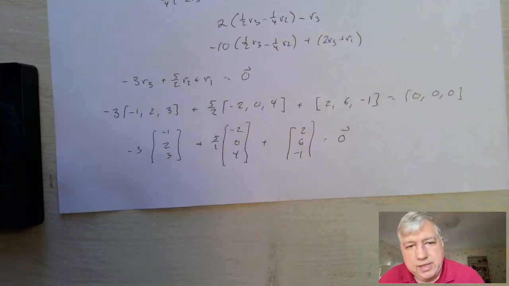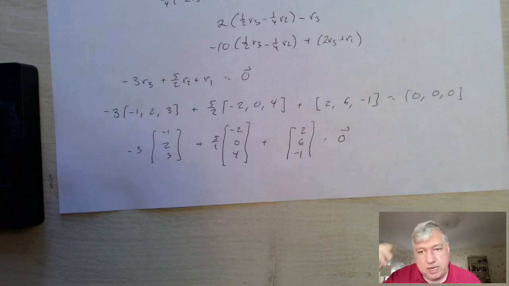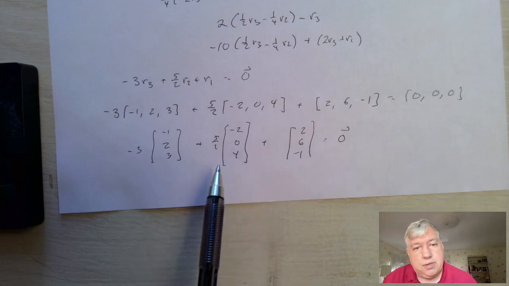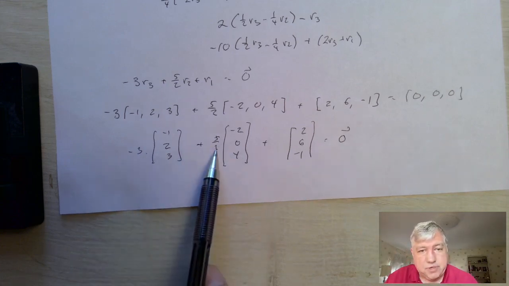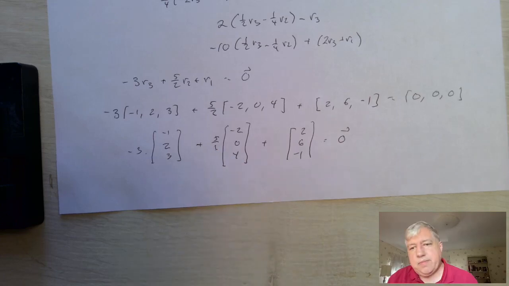Once again, we get a dependence relation on our vectors. Now notice that the coefficients here are different from the scalars we got in the previous example. But that's okay, because remember, there are infinitely many possibilities you could have for these scalars.